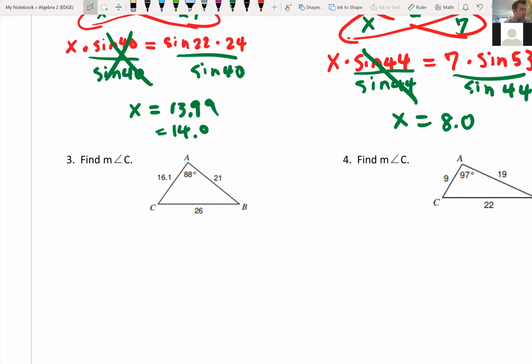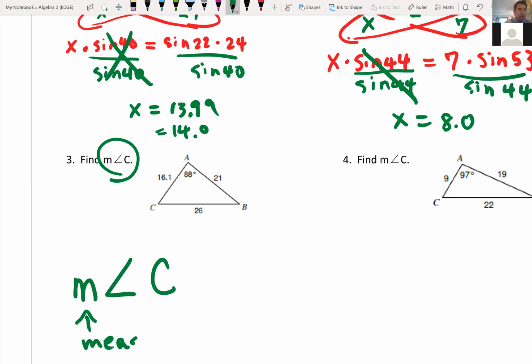What are we trying to figure out? When you see M, this little symbol, and C, this means it's a measurement, and this symbol is an angle. So measurement of an angle C, that's what M stands for.